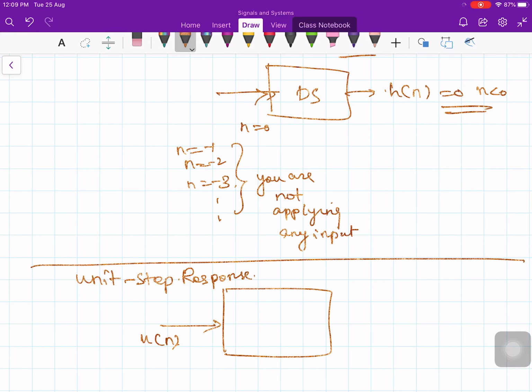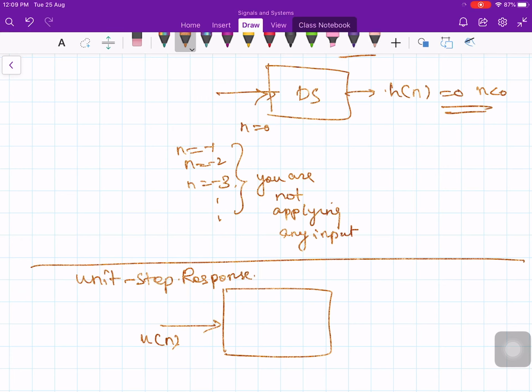Okay, this is called an accumulator. You are adding all the data. Now if you substitute y of minus 1, then you are adding from L equals minus infinity to minus 1, x of L. In this case it is going to be x of minus infinity plus dot dot dot x of minus 2 plus x of minus 1, right?